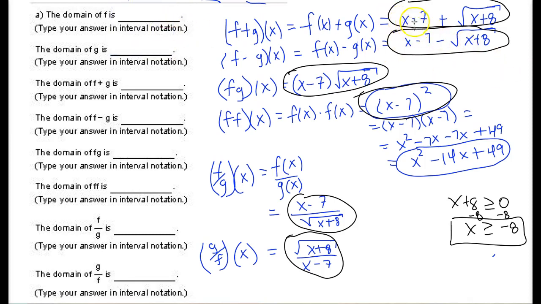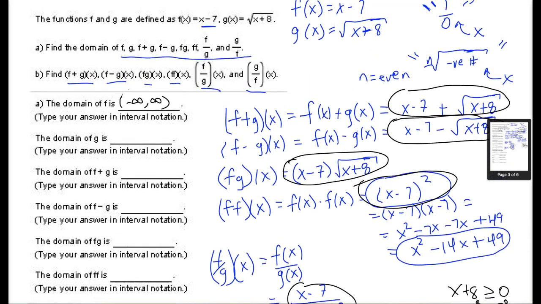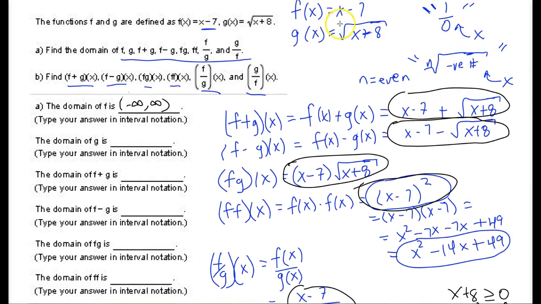So for our function f, which is just the x minus 7, the domain of that will be all real numbers, because, and I'll go back up here, x minus 7 doesn't violate plugging in, because there's no value of x we can plug in and make the denominator 0. And here we don't have a square root or anything like that. So the domain of f is all real numbers.